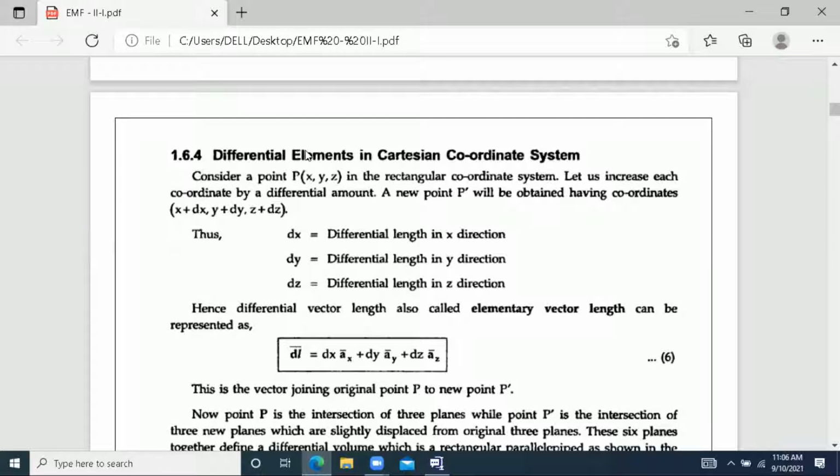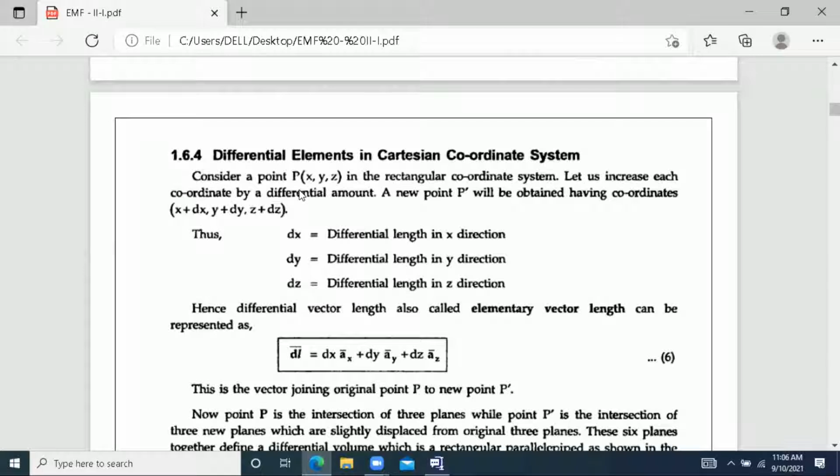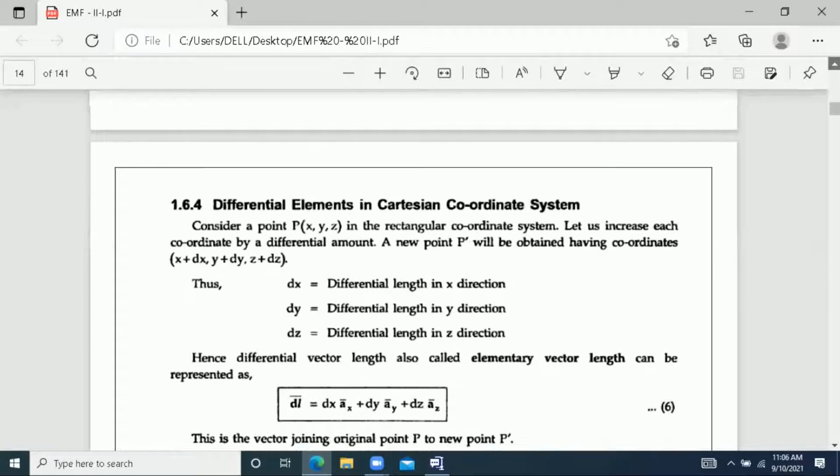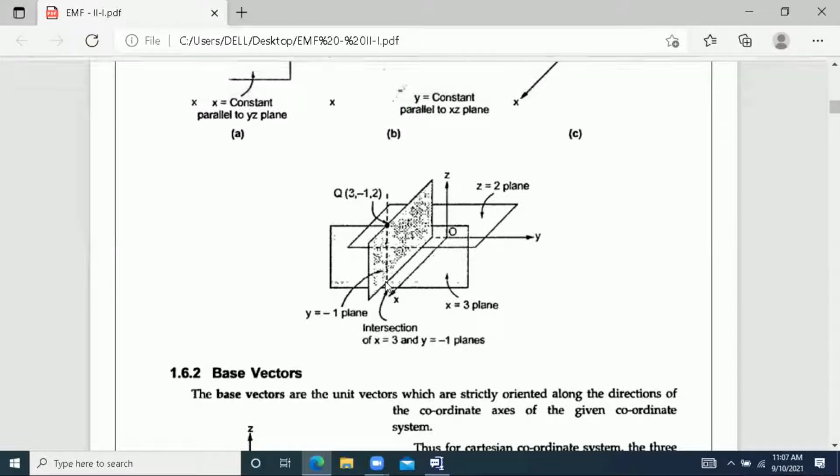We have a point in a room. The coordinates for that point, you go a certain amount of unit in the X, right?